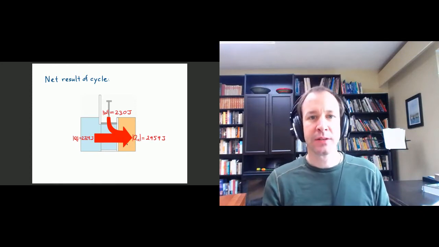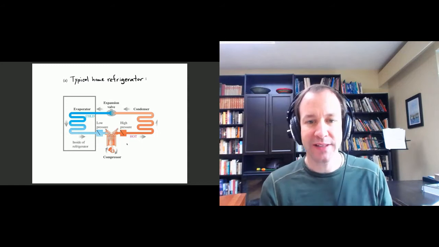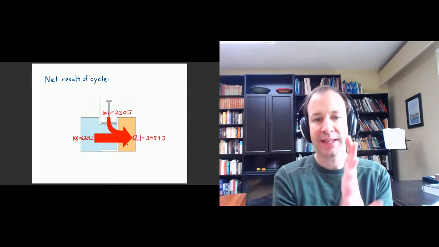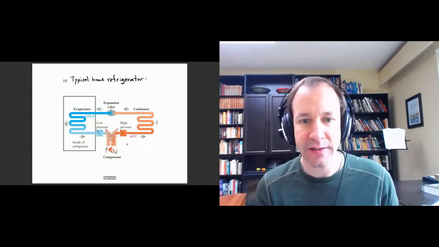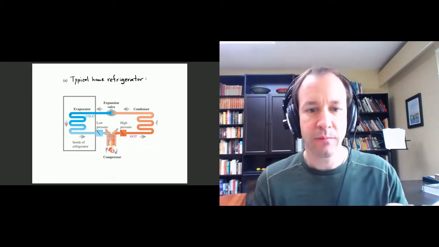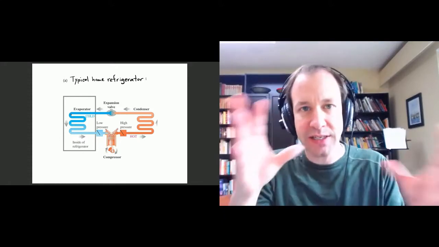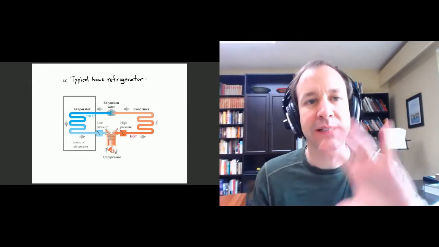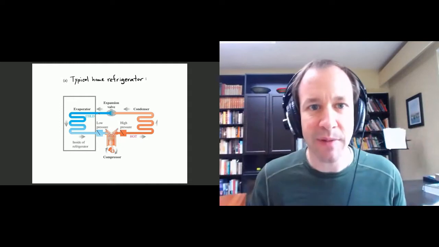Okay, so in an actual refrigerator, what we have is that instead of having the gas in some fixed compartment and then placing it in contact with the cold and then in contact with the hot side, instead what we do is we have the refrigerant move around through some tubes, and the expansion and the compression take place in different locations. And so here, instead of just air, we usually have some particular refrigerant chemicals.